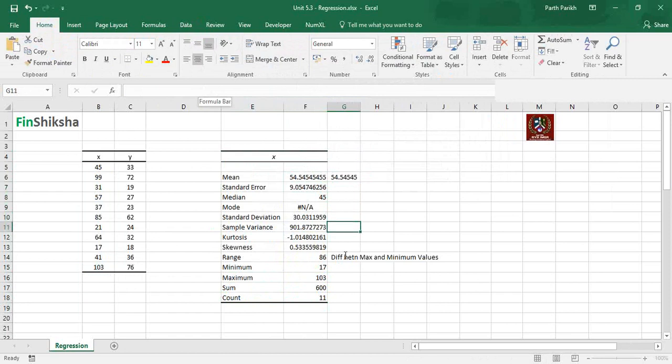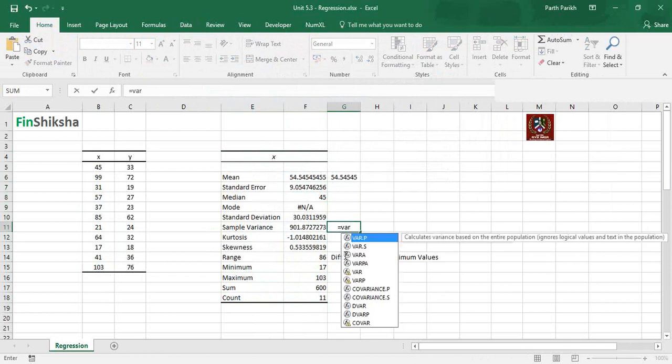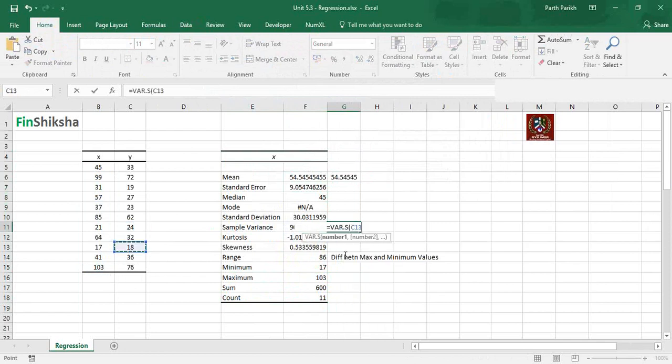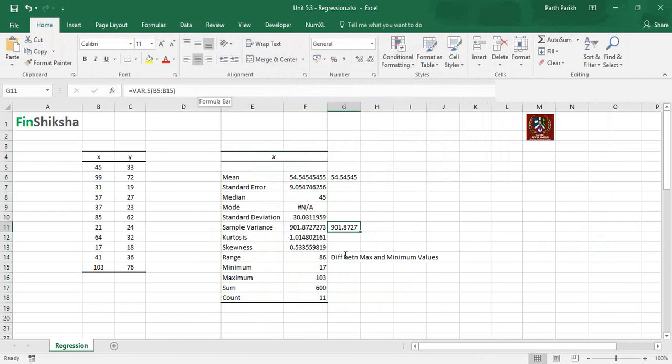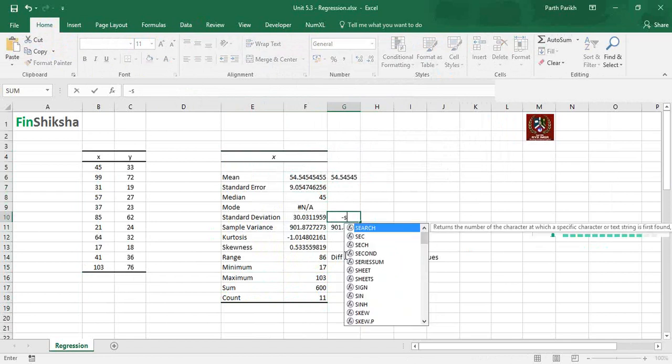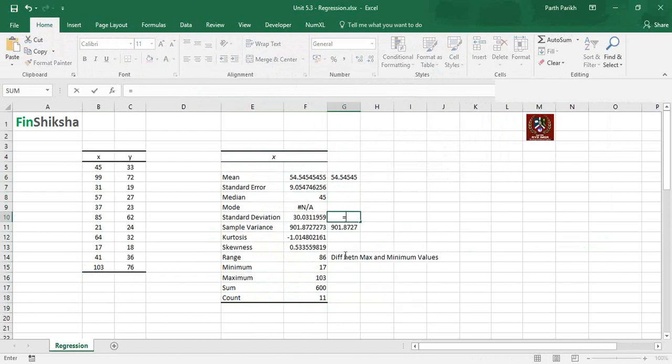So variance, I can directly write as variance of sample, and because there are less than 30 values, it is 901.87. If there are more than 30 values, it is called population. So there are two different formulas: variance of population and variance of sample. Okay, and the square root of variance is called standard deviation, which is exactly the value which I am getting over here.